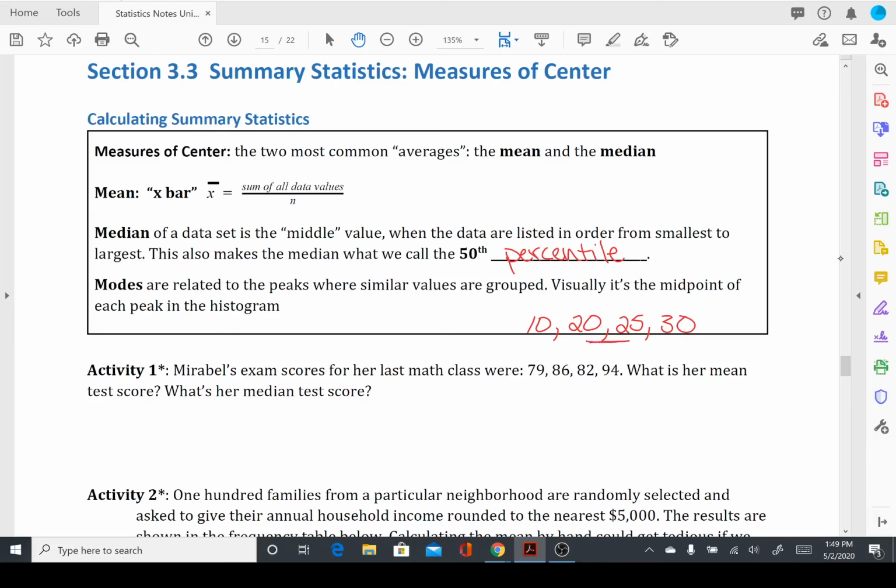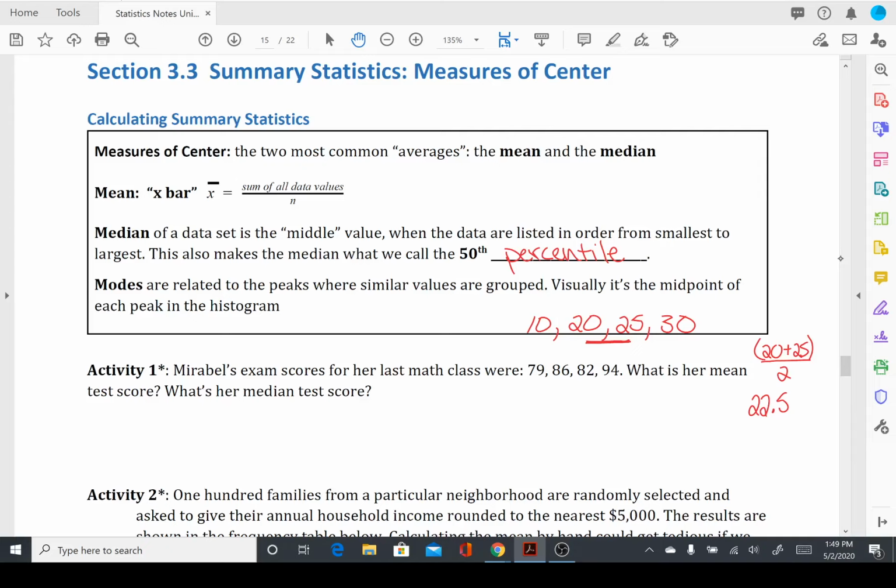The number in the middle is somewhere between 20 and 25. So in order to find the median, I would have to add 20 to 25 and divide by 2. If I did that, I would get that the median was 22.5, the number between those two numbers.